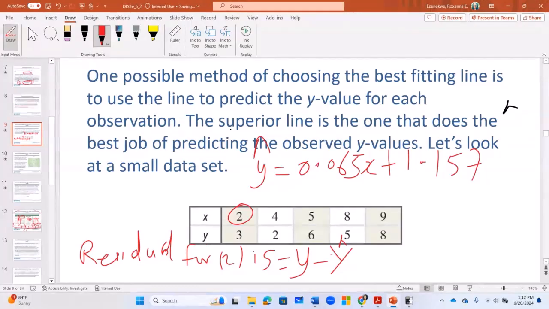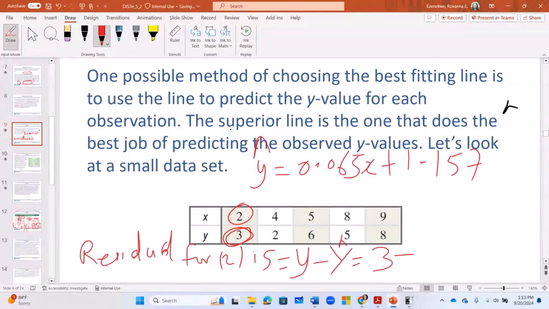And how can I calculate this? I already know that the corresponding value for Y for 2 is 3. So I'll write it down here, 3. So 3 minus, then I want to find the predicted. Okay, watch it.